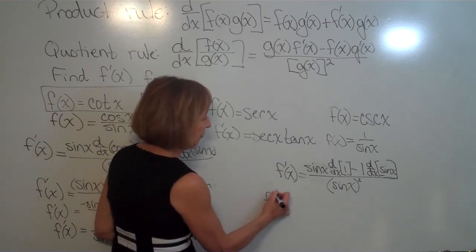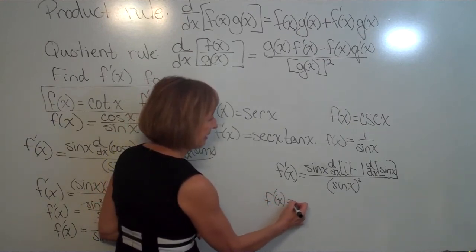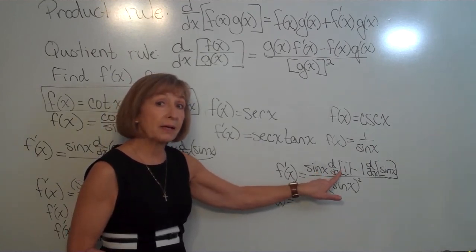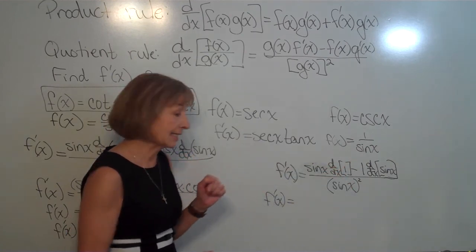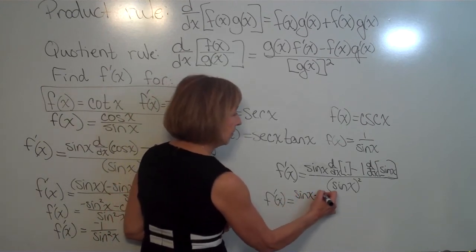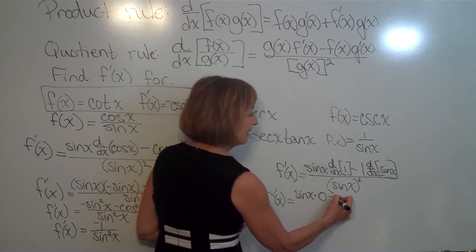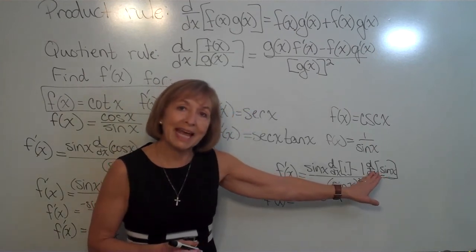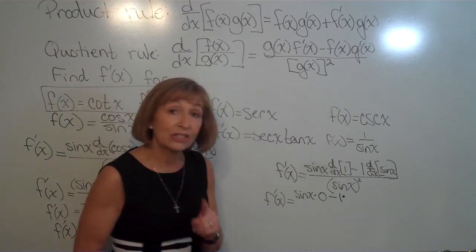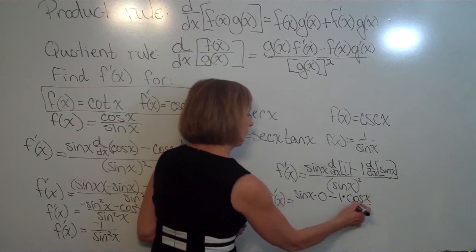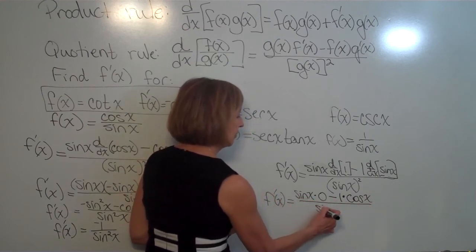Working out the derivatives, f prime of x is equal to sine x times, well, the derivative with respect to x of 1, that constant, is 0. So I have sine x times 0 minus 1 times the derivative with respect to x of sine x, which is cosine x, all over sine squared x.